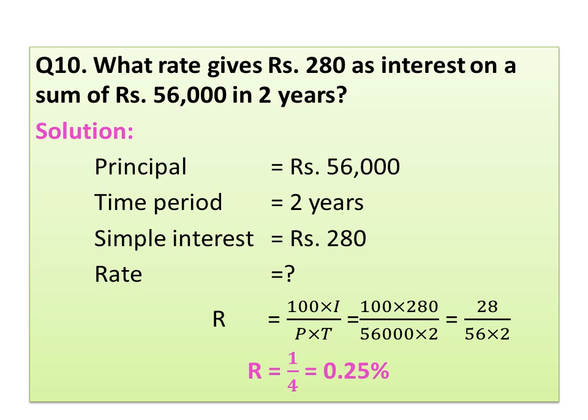Then at the top we are getting only 28. 28 upon 56 multiplied by 2. Again we can cancel. 28 ones are 28, 28 twos are 56. So 1 upon 2 twos are 4. So rate of interest R is equal to 1 upon 4, that is equal to 0.25%.